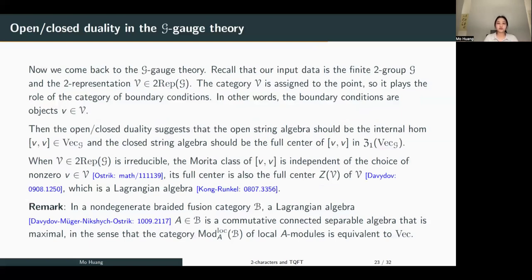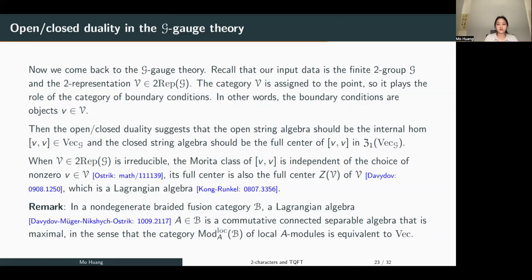Now we come back to the G-gauge theory. Recall that our input data is the finite 2-group G and the 2-representation V. The category V is assigned to the point, so it plays the role of a brane or boundary condition. In other words, the boundary conditions are objects in this 2-representation.